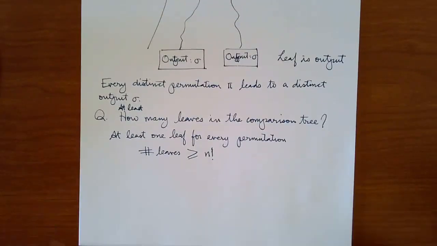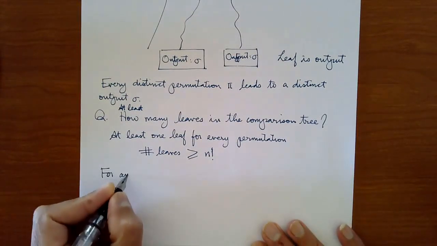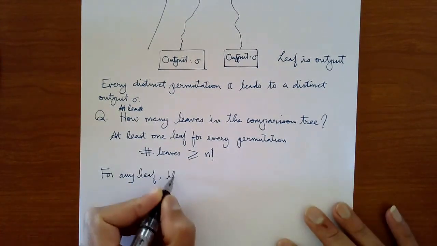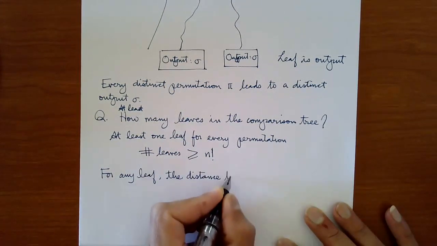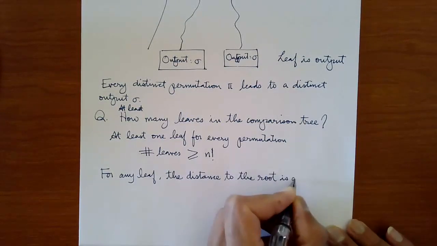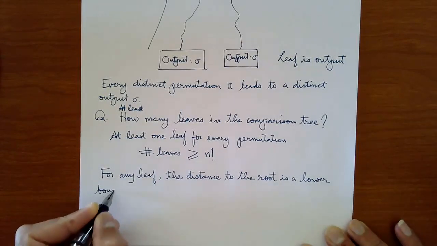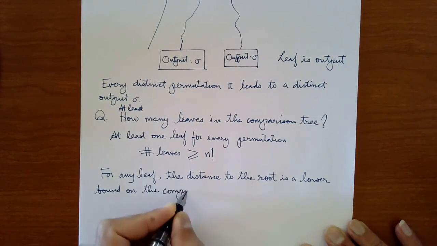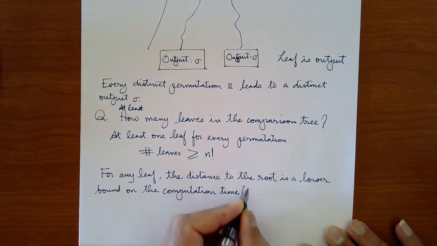Right? So for any leaf, the distance to the root is a lower bound on the computation time, computation time for that input.